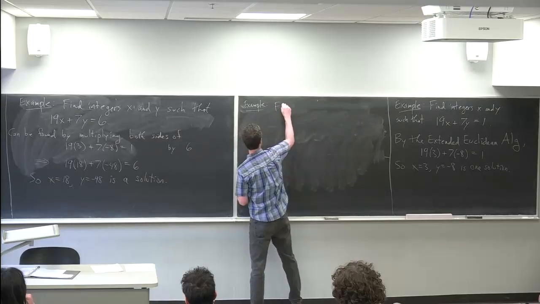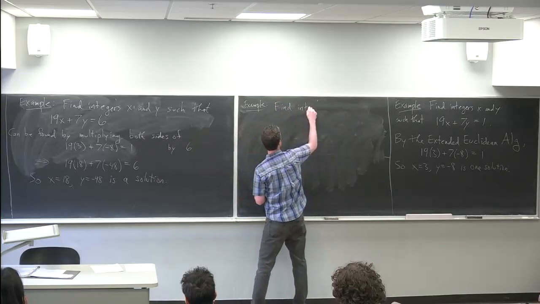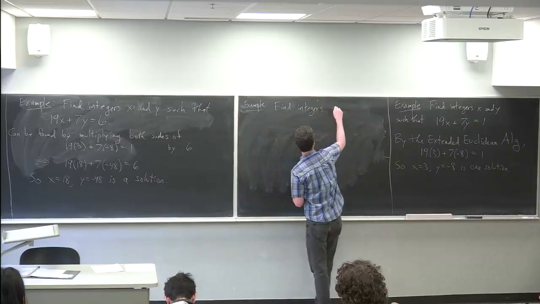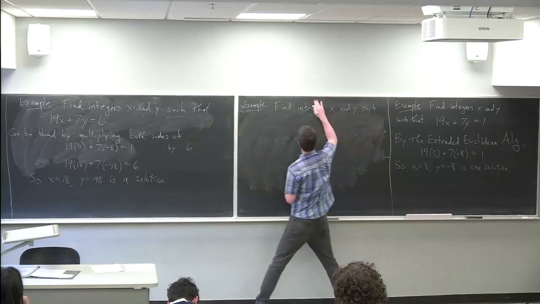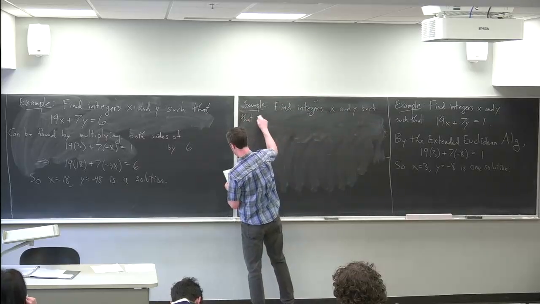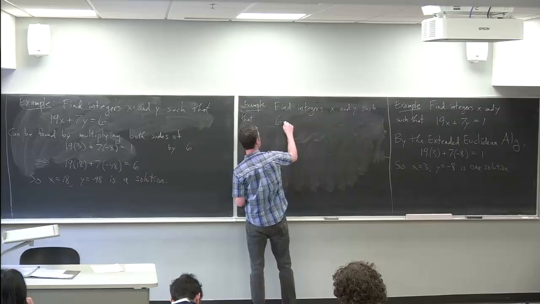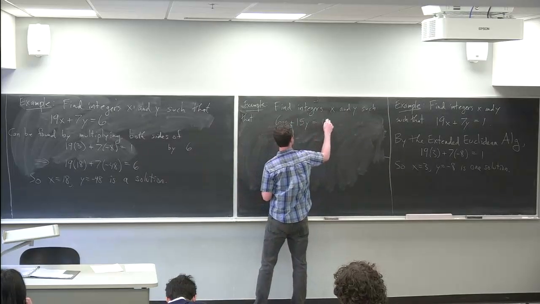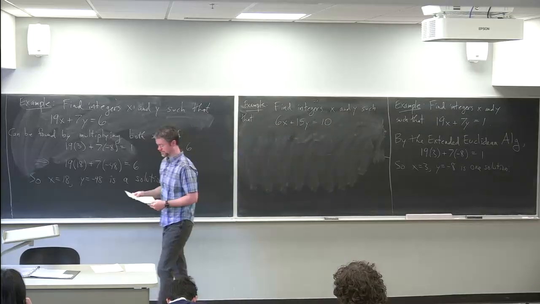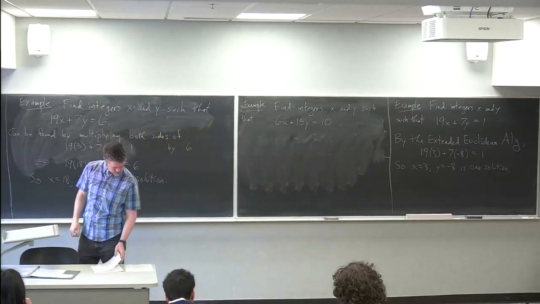What if you now wanted to find integers x and y with the following property? The equation here will be 6x plus 15y is equal to 10.